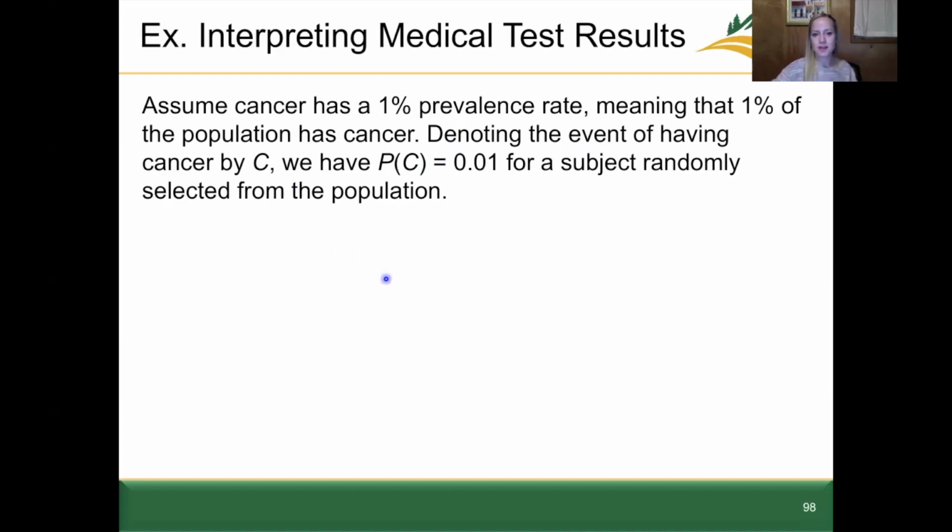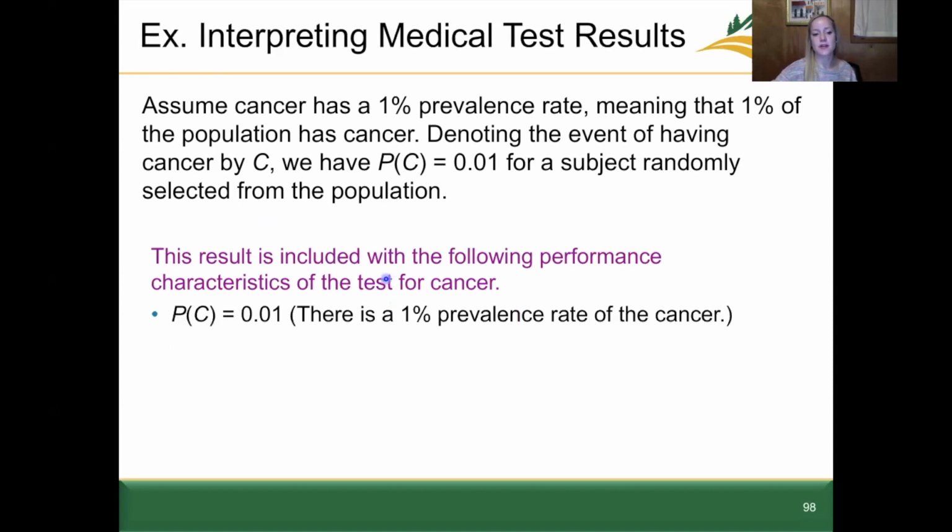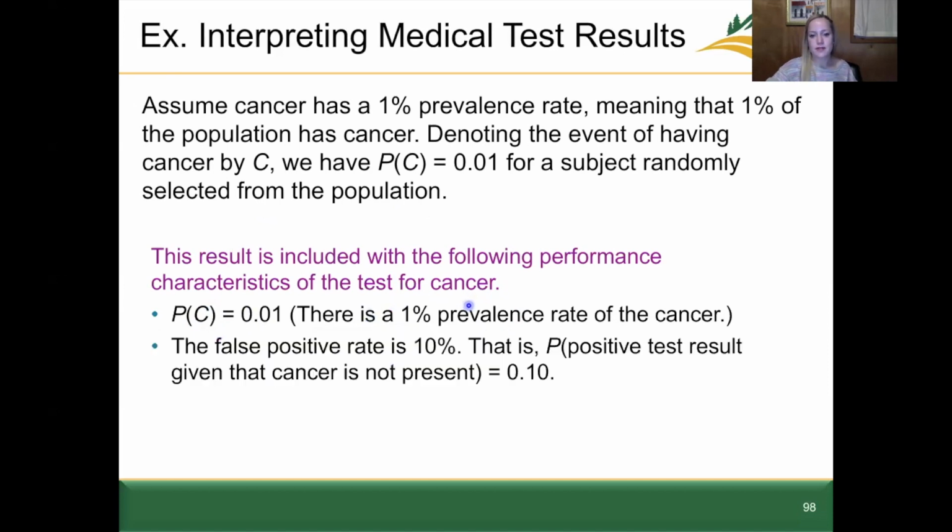Some other information we need to know for this example. So here, the probability of event C, or an individual having cancer, is 0.01. We got this based on this 1% prevalence rate. One thing that wasn't mentioned here that we need to know is that the false positive rate is 10%.